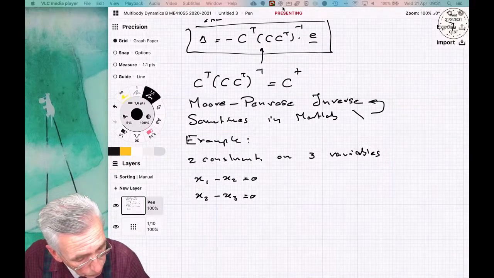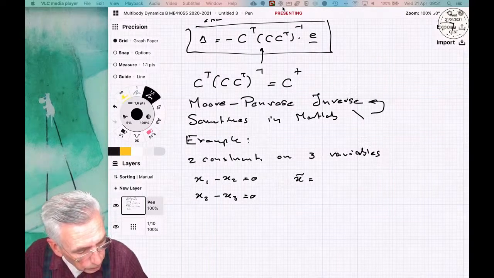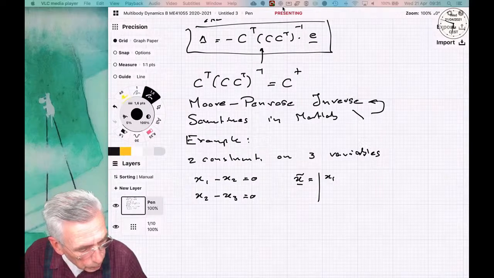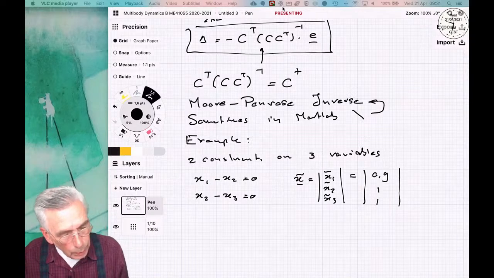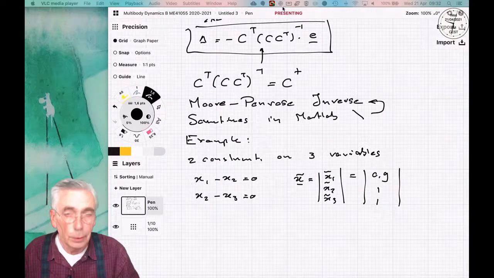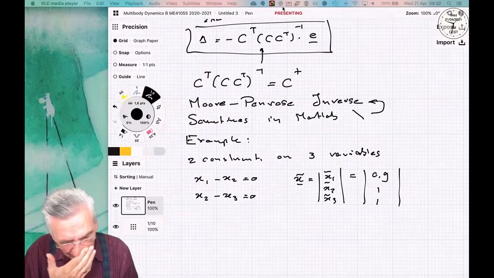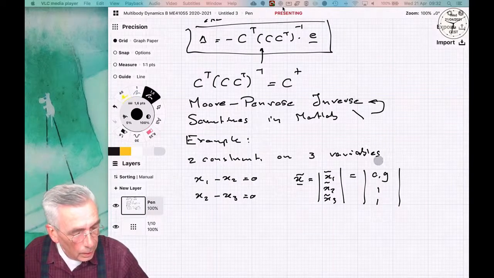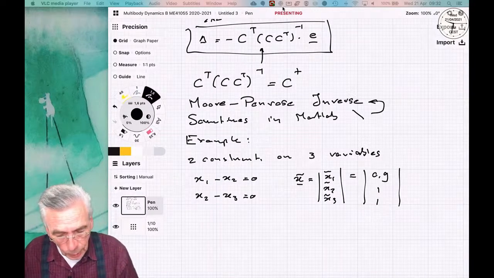I have an estimate solution, a vector x1, x2, x3 with a tilde, and the estimate solution is 0.9, 1 and 1. Now you immediately see that these equations tell us that x1 should be equal to x2 and x2 should be equal to x3. So of course we know the solution, super simple, but that's how we can understand what's going on. And then we see here we have an estimate where not all the numbers are identical.